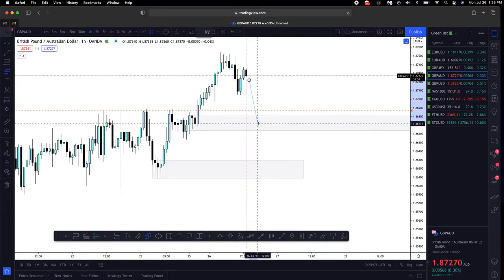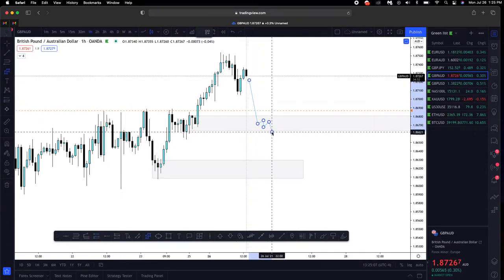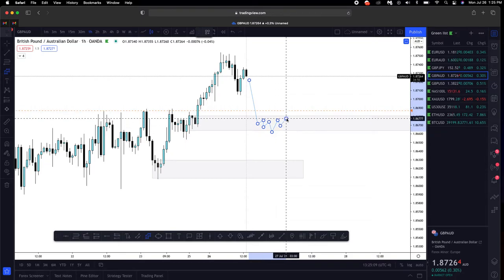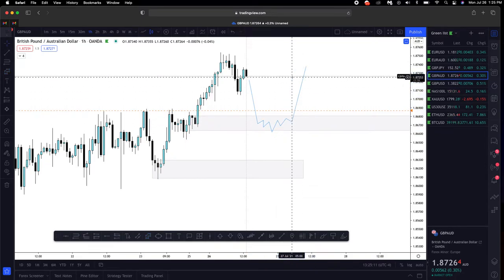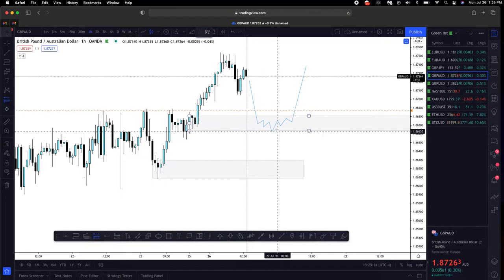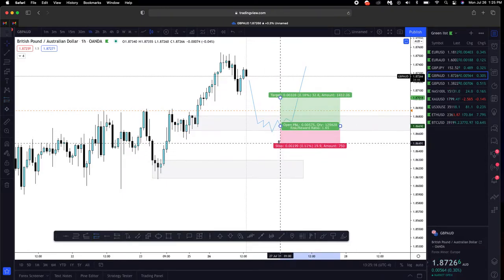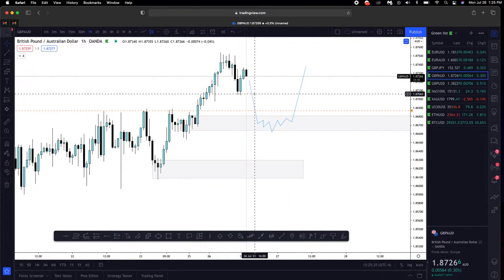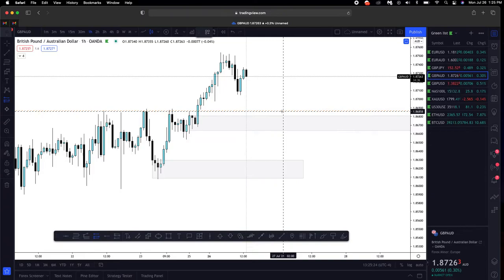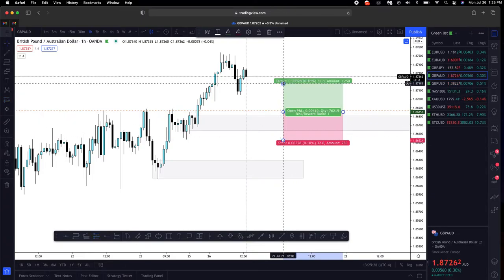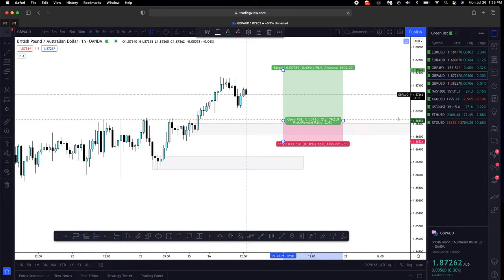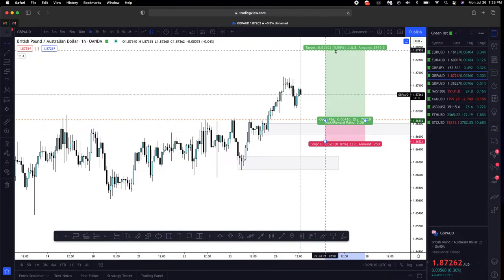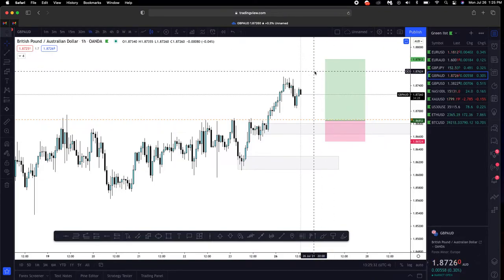Obviously, once it gets down here and gives me the confirmation of an uptrend on the lower time frame, I would get in. I would probably send a signal out to look for longs, right? So that's GBPAUD. This is what a setup would probably look like. The take profit can be open or it can be 1 to 3, whichever is best for you.